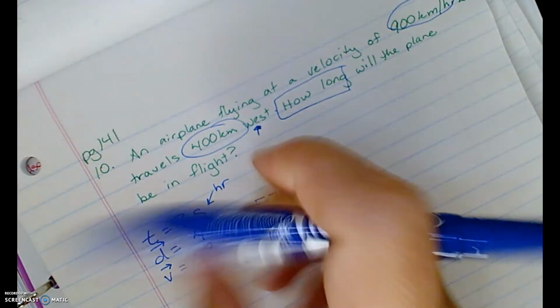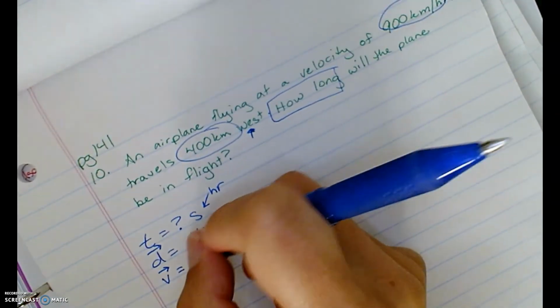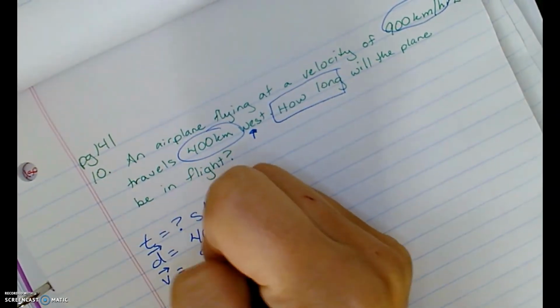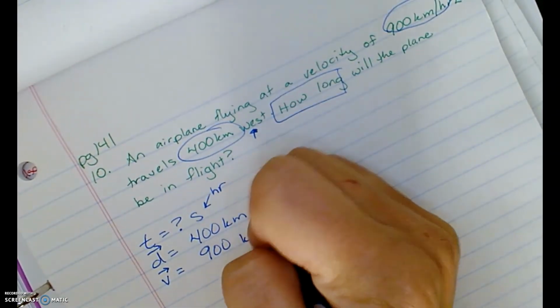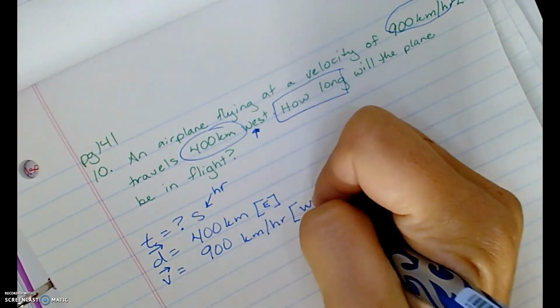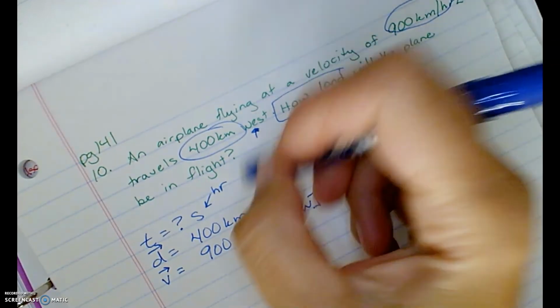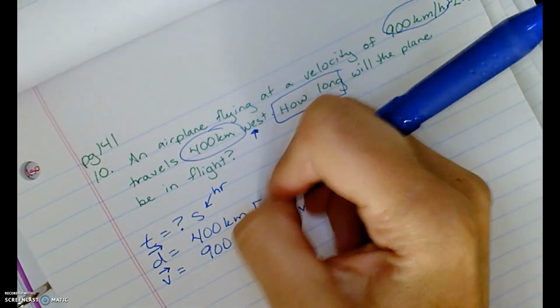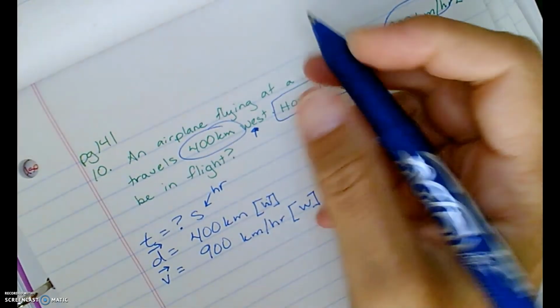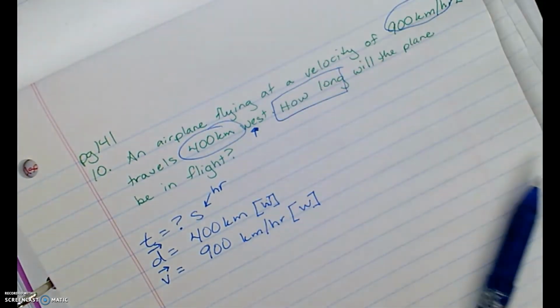And velocity, so I make a 9. And let's make sure we're putting the right direction. Okay, it's west, not east. That was step 1.